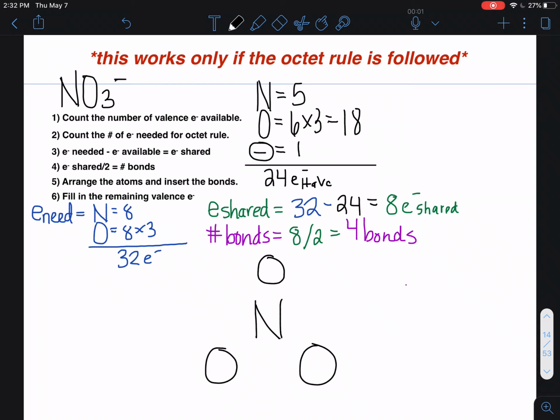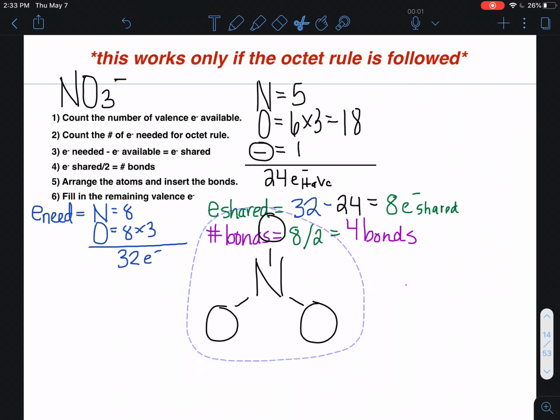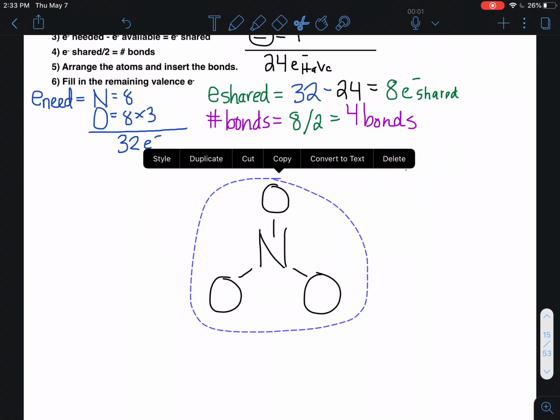So then I'm going to place, obviously, our obvious bonds, which is 1, 2, and 3, but we have 4 bonds. So where am I going to put the 4th? Because there's an oxygen here, and an oxygen here, and an oxygen here. I was going to try to rotate it, but it won't let me.